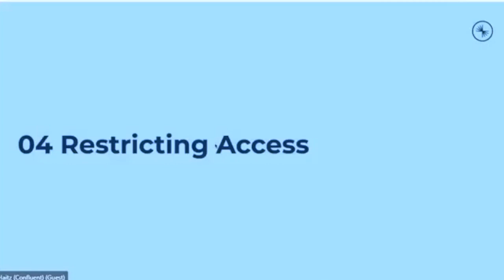And that brings us to chapter 4, restricting access. When we talk about restricting access, there are two dimensions to keep in mind. I would begin again by repeating those. We always have to separate between control plane and data plane.